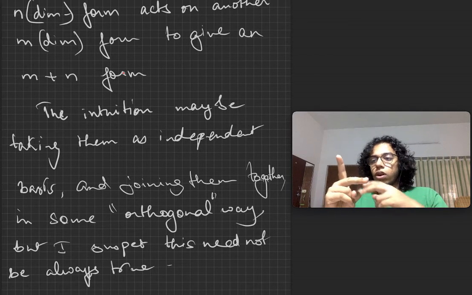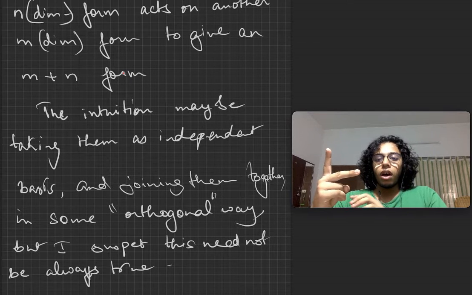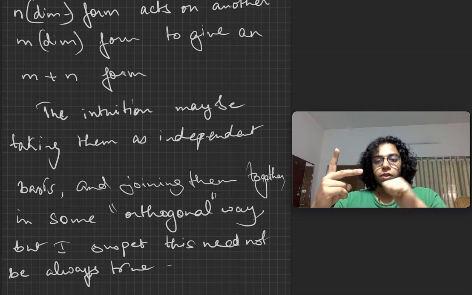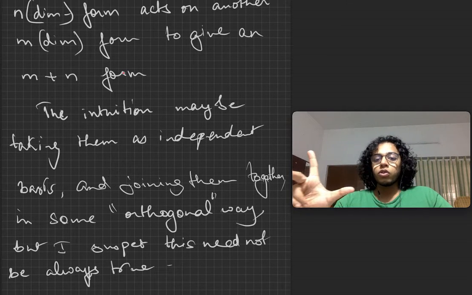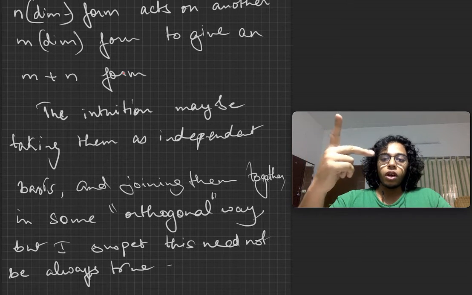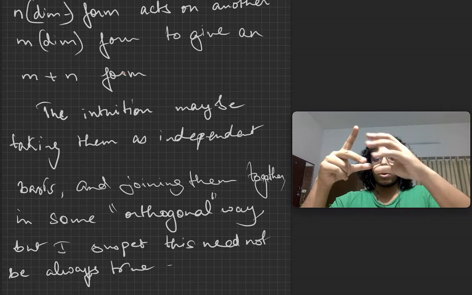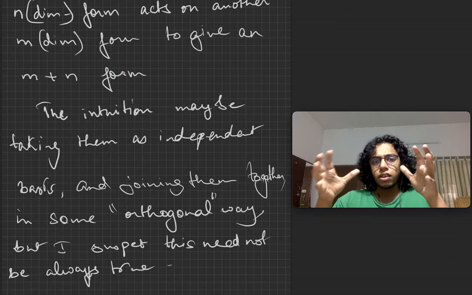You have a two form here, and then you wedge it with another one form that is pointing towards me. So you have a parallelepiped here: three vectors, and some kind of a volume protruding from these three vectors. That's the intuition, right?